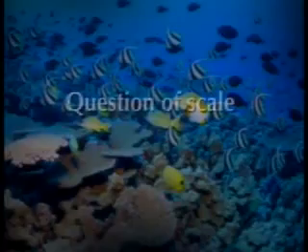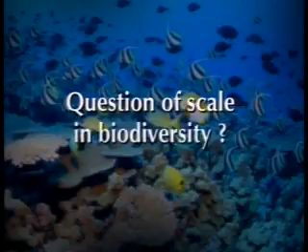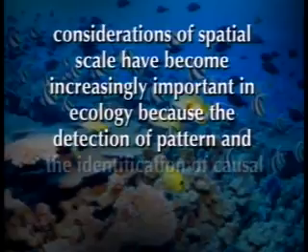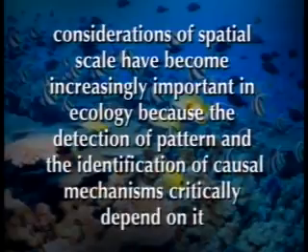And when we are talking about biodiversity or its levels, the question of scale is very important. Why? Because the scale helps us in the detection of patterns, and the identification of causal mechanisms also depends upon this scale.